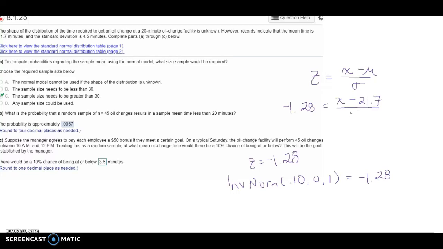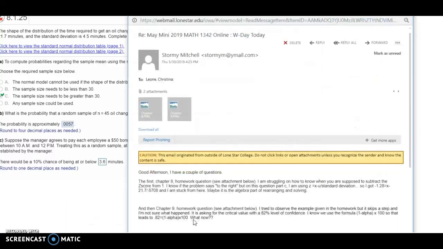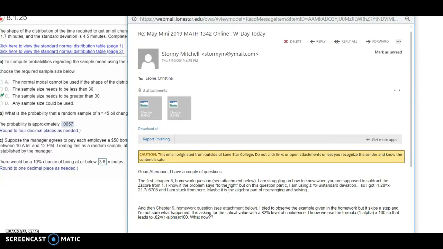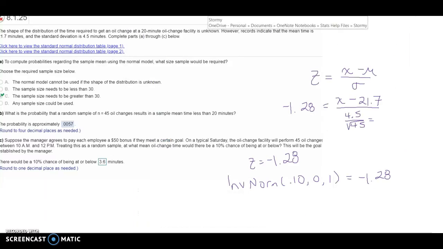21.7, and that's divided by the adjusted standard deviation, which I think you had that decimal. Let me check again. 0.6708.